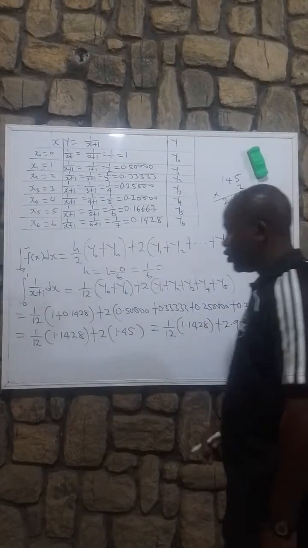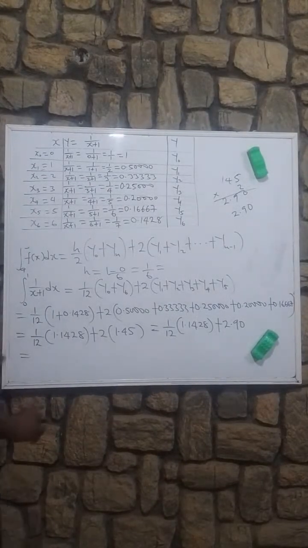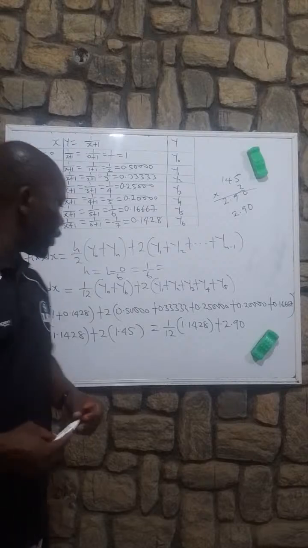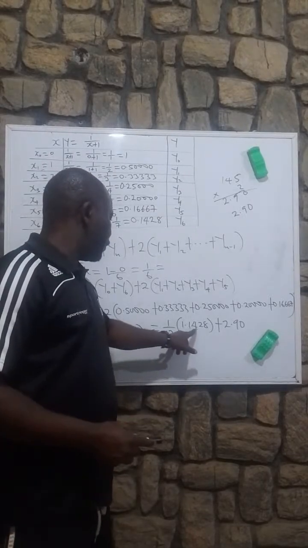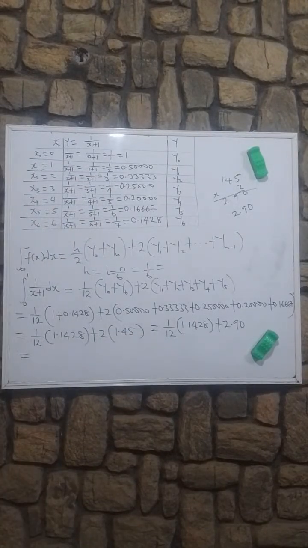Then use 1.1428 to divide 12. What are we going to have? Use 1.1428 to divide 12. What is the answer? Blessing. Abdullahi Kabiru. Esther.